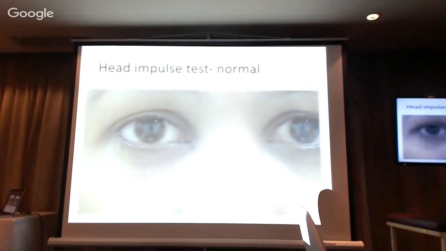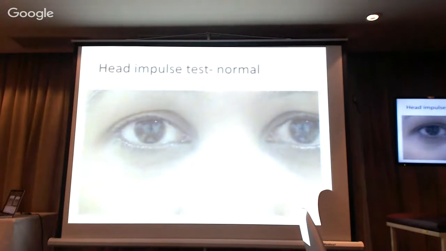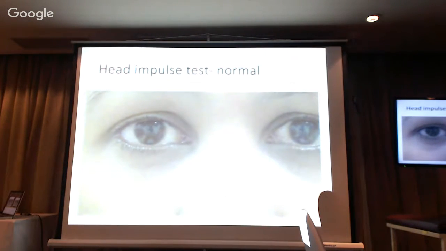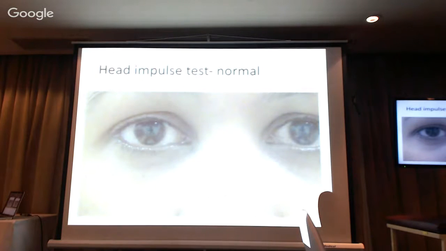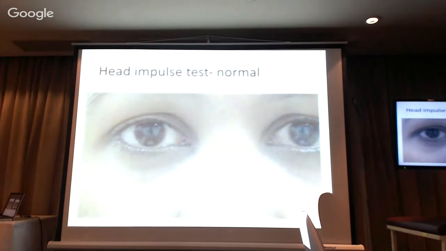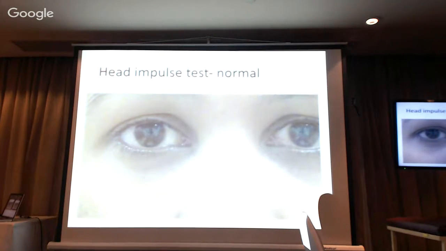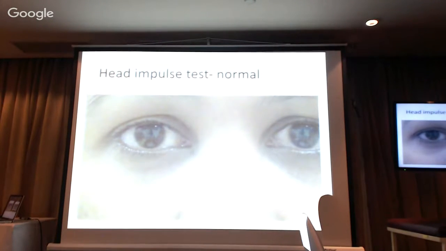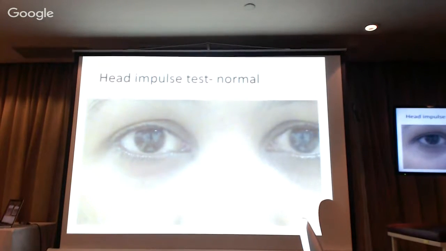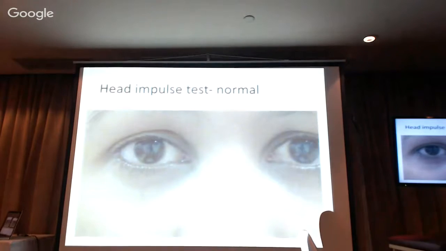So we check the integrity of the vestibulo-ocular reflex by doing a head-impulse test. Here, the patient is asked to look at the examiner's nose and fix the eyes there, and then the examiner thrusts the head with a small angular movement to see what happens.